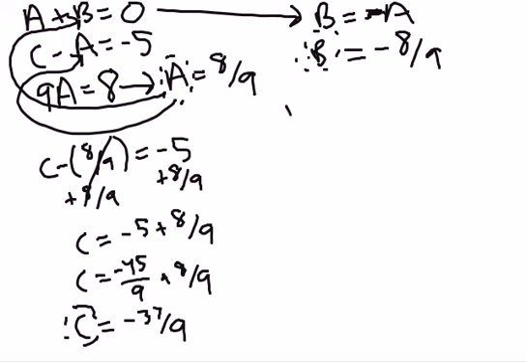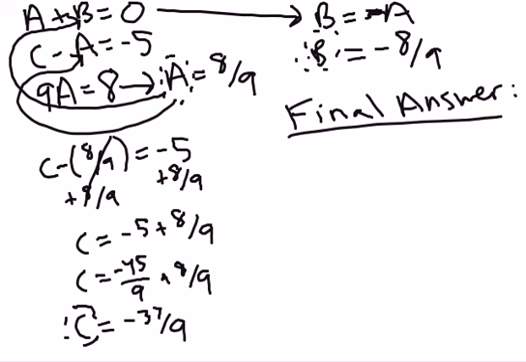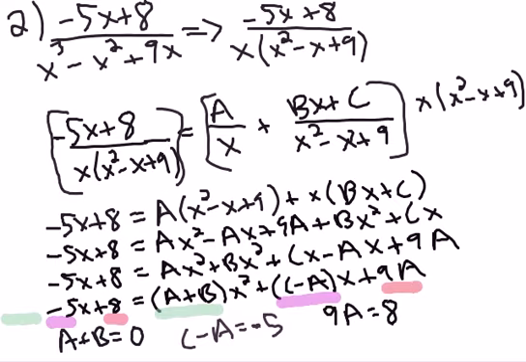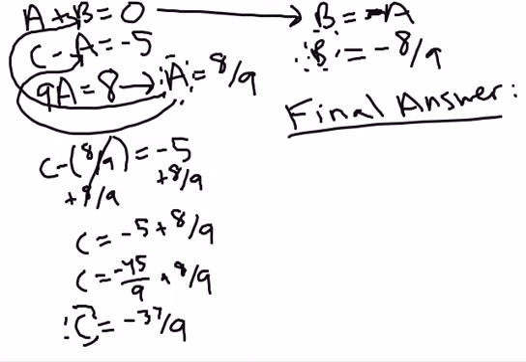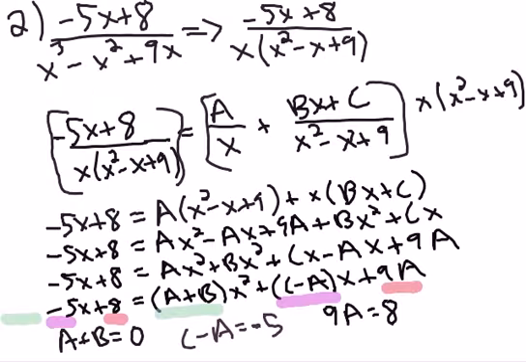Okay, so now I can finally write my final answer now that I know a, b, and c. And so if I go back to my original, I have a over x, where we found a to be, where's a? 8 over 9. So 8 over 9 over x. So we just have some fractions within fractions, in other words, complex fractions. That's okay. There's a few ways that you can reduce this if you want. I'm just going to leave it like this for now, but feel free to write it in a different way.